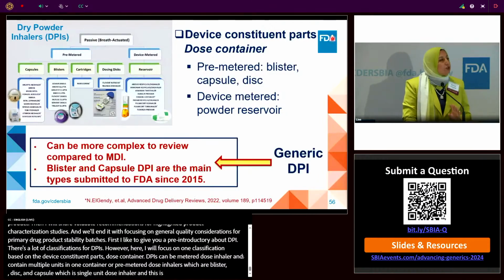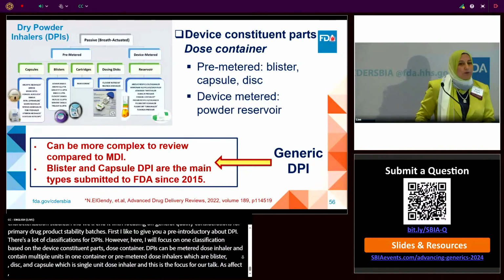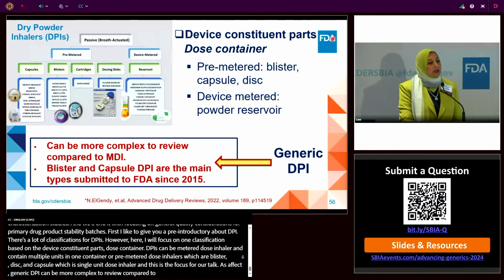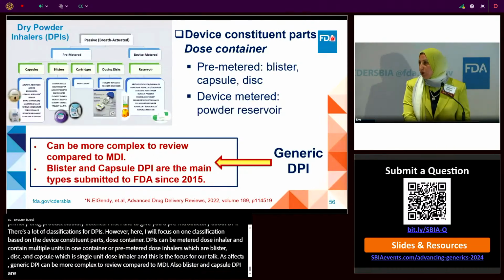As a fact, generic DPIs can be more complex to review compared to metered dose inhalers. Also, blister and capsule-based DPIs are the main types submitted to FDA since 2015.